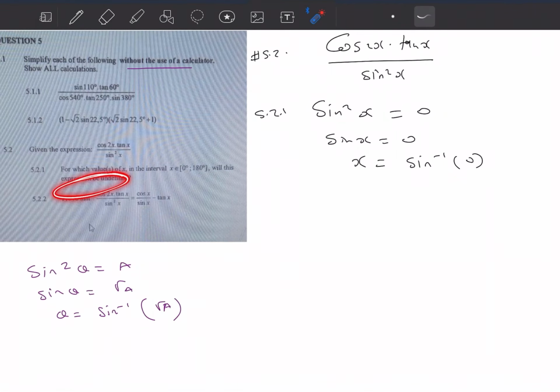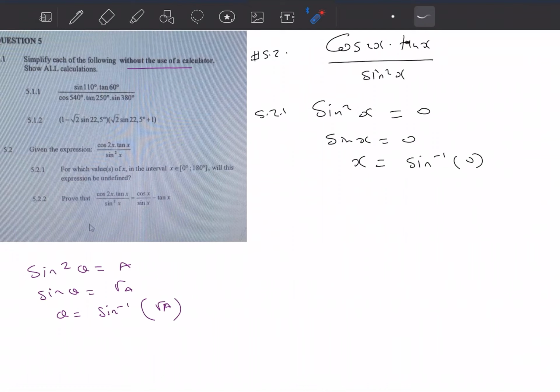Now, you need to understand that they don't ask you for a single value. If you punch it in a calculator, sine inverse of 0 is 0. If you don't know how to punch in sine inverse, just press shift and then sine. So sine inverse of 0 is 0.